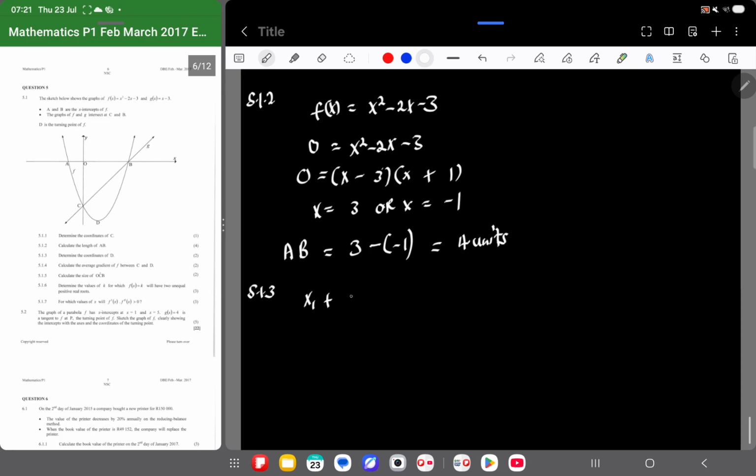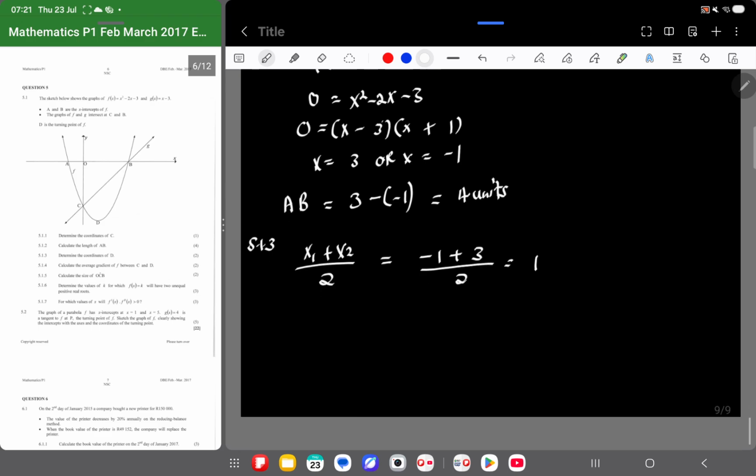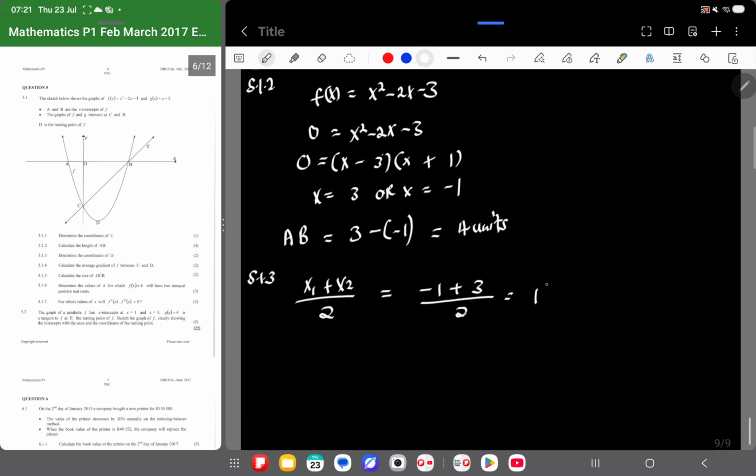So you're going to get x1 plus x2 all over 2. So this will be equal to my x1, I will choose A, negative 1, plus B, which is 3, over 2. I get 2 over 2, which is 1. And then for the y-coordinate, I substitute into the graph of f.